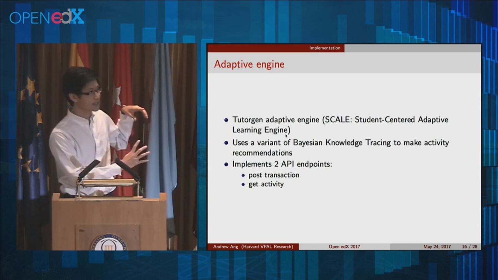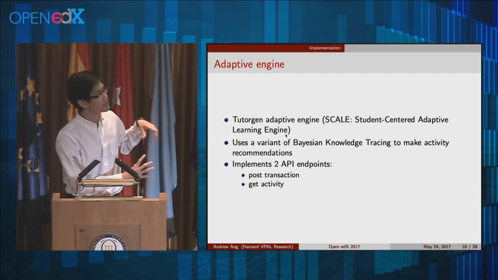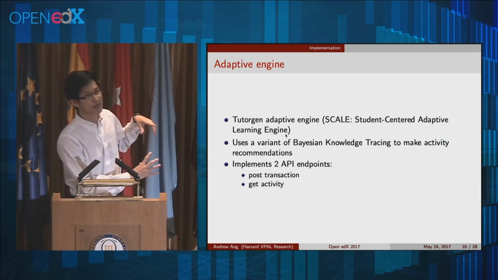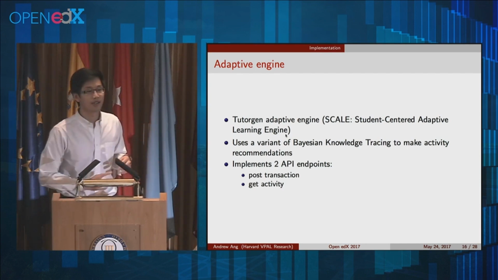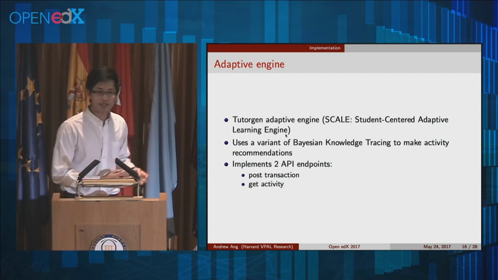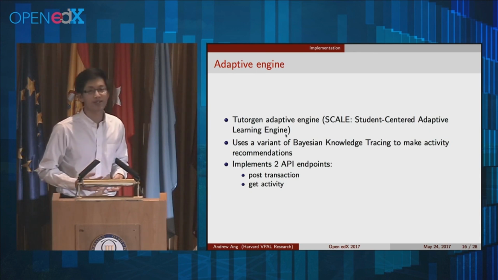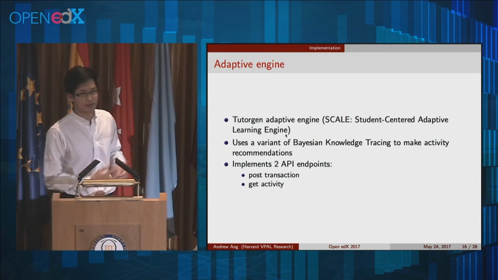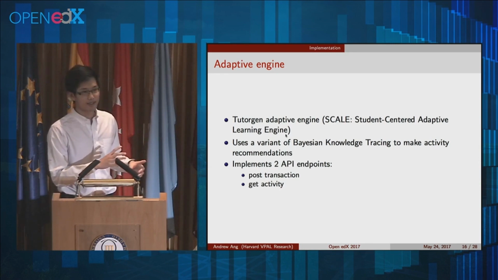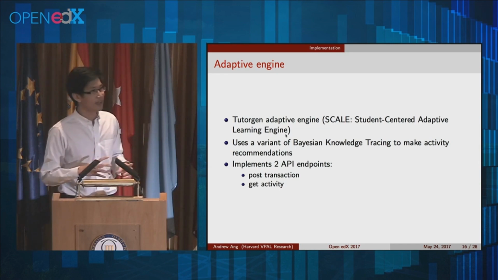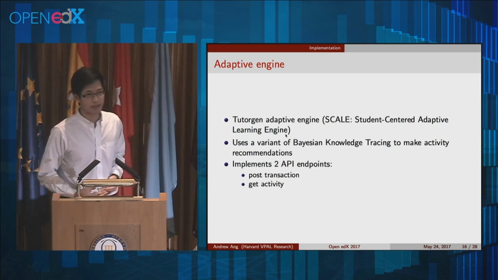Behind the scenes, the basic idea of Bayesian knowledge tracing is to keep track of a parameter for each student and each learning objective: what's the probability that they've mastered that learning objective? It keeps them all conceptually like a matrix, and updates these parameters based on the real-time data that it gets.